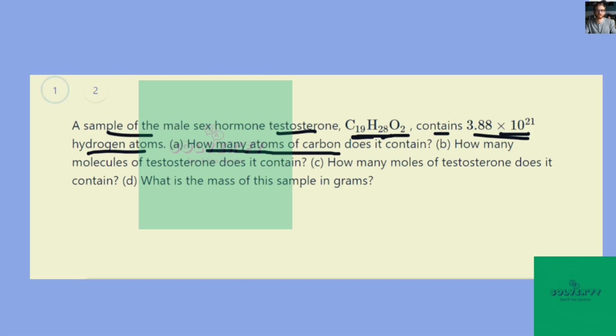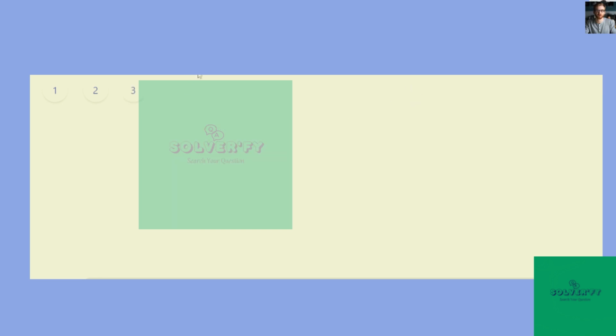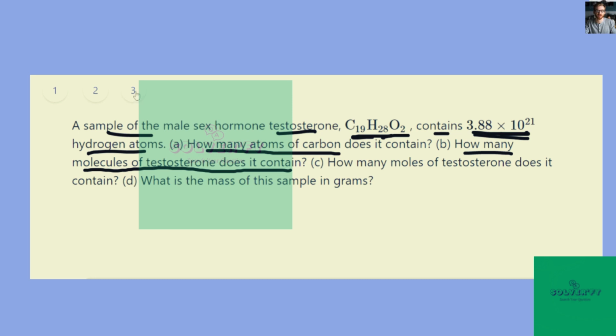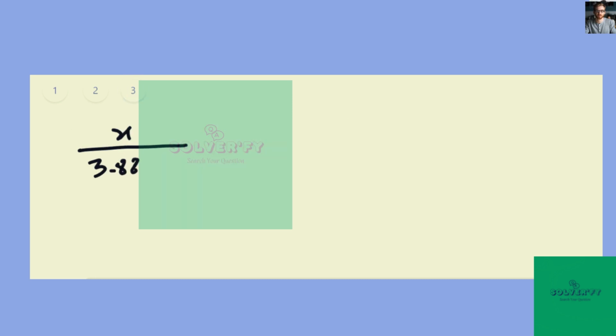Now, in part B of this question, you have to find out how many molecules of testosterone it contains. Again, if we consider the number of molecules of testosterone contained in the sample as X, we can compare that with the number of hydrogen atoms present in the sample, which is again 3.88 times 10 to the power 21, and we can compare it with the ratio of the testosterone molecule and hydrogen atoms in one molecule.